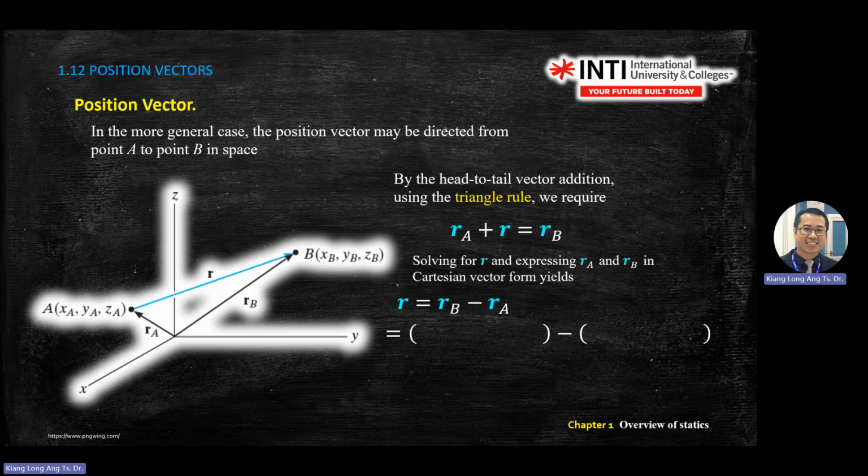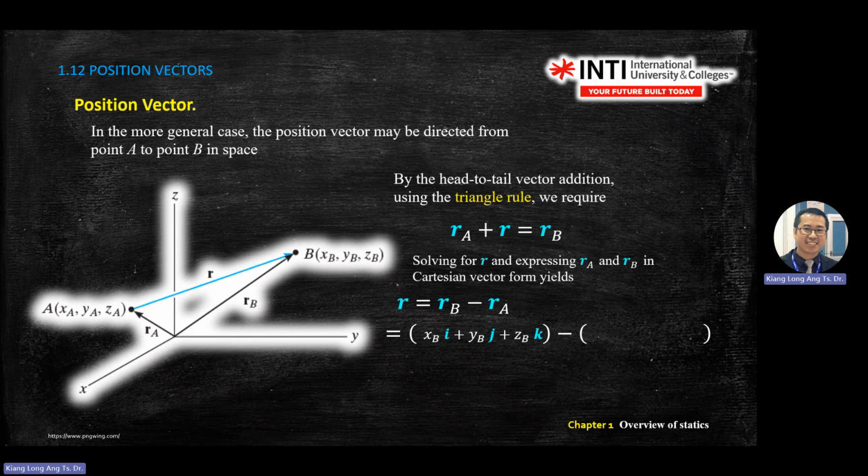From the start of the lecture today, I taught you how to write the position vector, right? So how to write RB? RB equals XB i, YB j, ZB k. Okay? You should understand this.